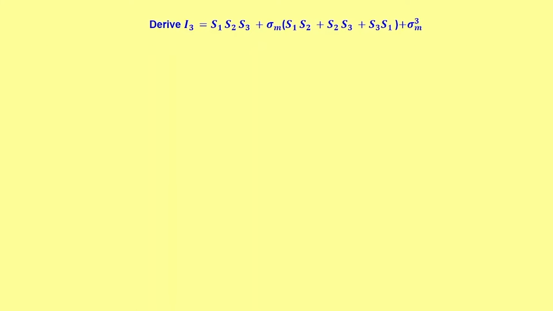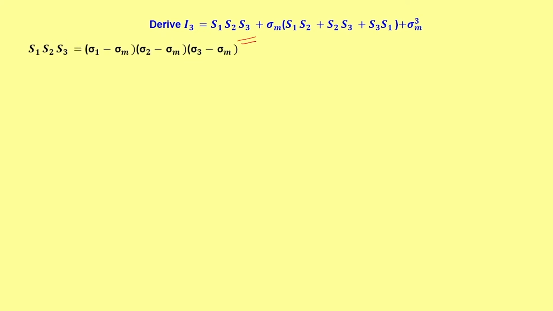The next relationship is between the third invariant of the stress tensor and the deviatoric stress elements. So, I3 is equal to S1 S2 S3 plus sigma m into S1 S2 plus S2 S3 plus S3 S1, plus sigma cube m.